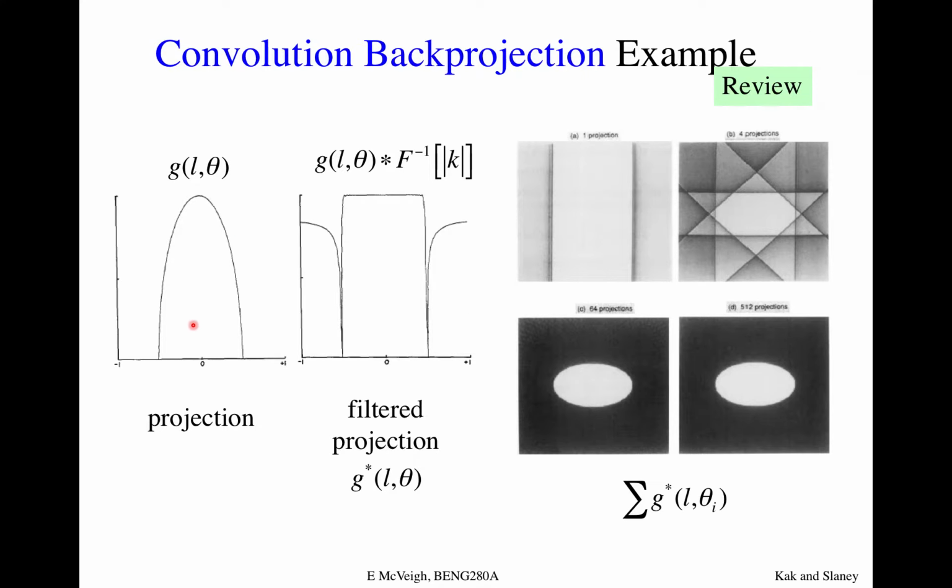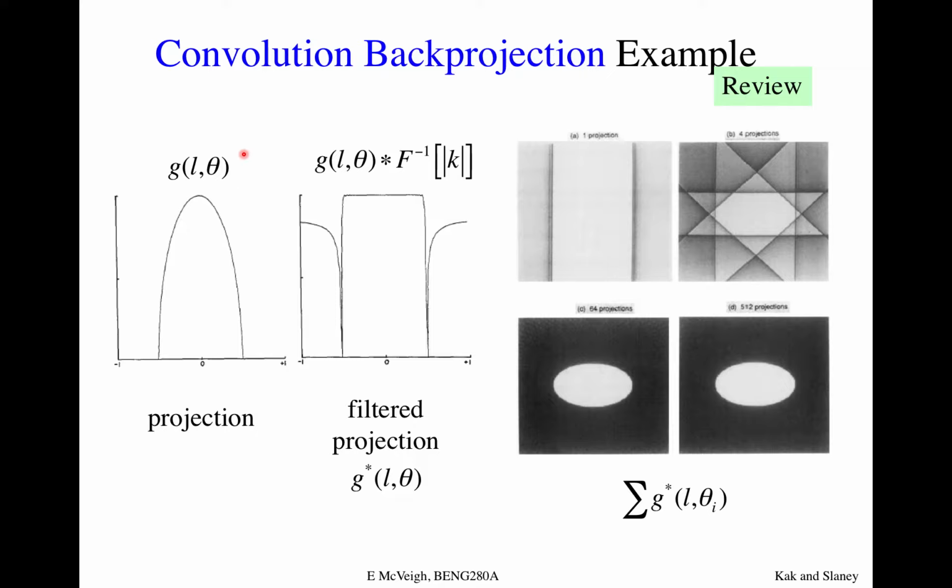So, this is a review again from a slide from last time where we looked at g(l, θ), which was something that looked like this, and this is the projection of a disk. Well, actually, it's the projection of this object vertically, so sort of a disk.